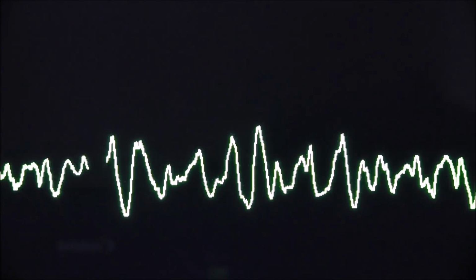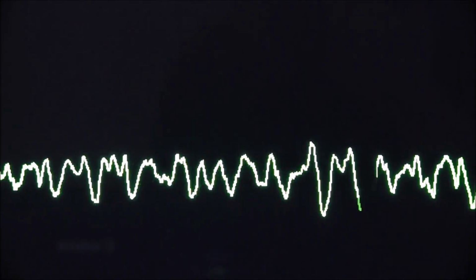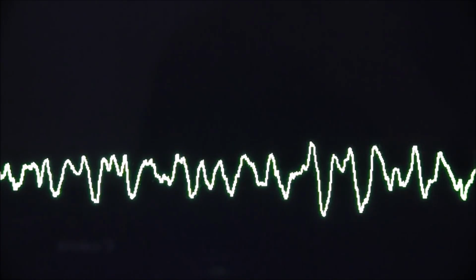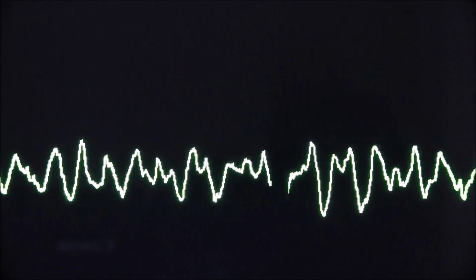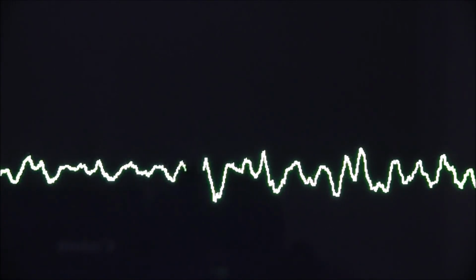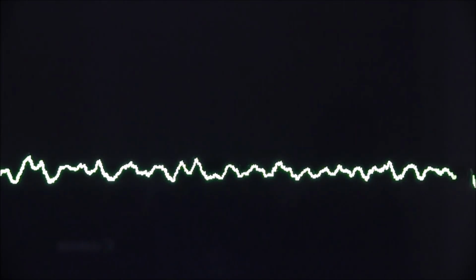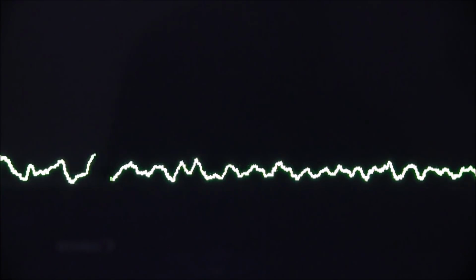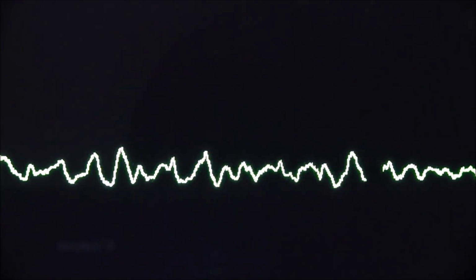So now we can see it's becoming finer, the amplitude is less than it was. And the finer ventricular fibrillation is harder to treat. So we can see it's much finer now. And the longer we don't treat this, the finer it will tend to become.